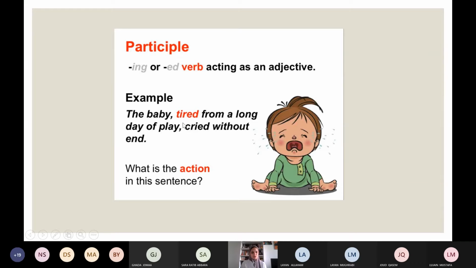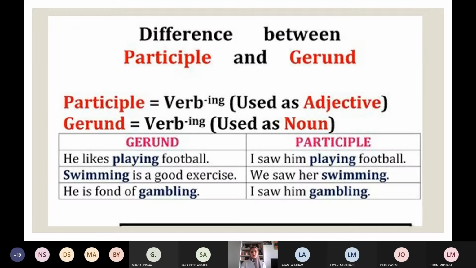The participle is used as what? As an adjective. So how can I differentiate between the participle and the gerund from its usage?